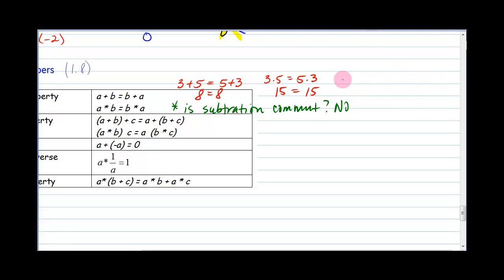Let's say I had 3 minus 5. Is that the same as 5 minus 3? No, it's not, because 3 minus 5, which is 3 plus negative 5, is negative 2, and 5 minus 3 is a positive 2. These are not the same, so subtraction is not commutative.